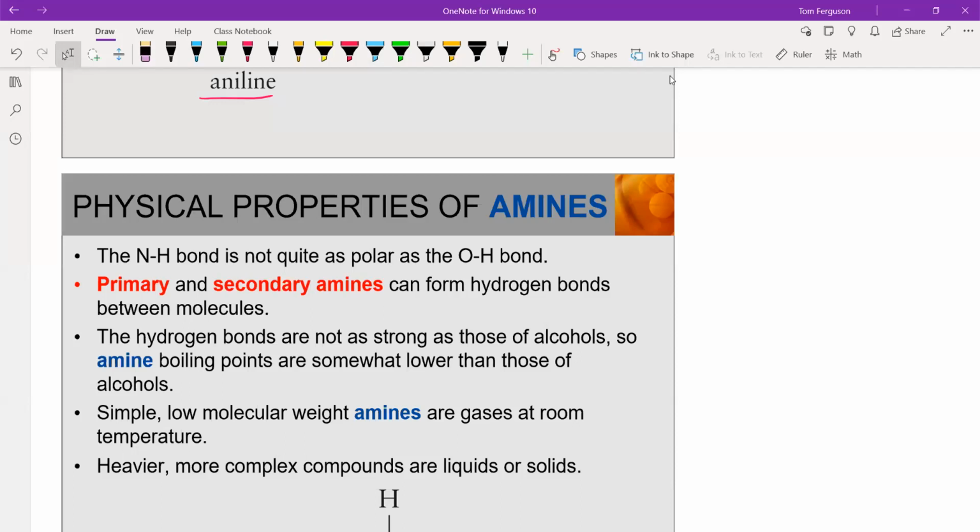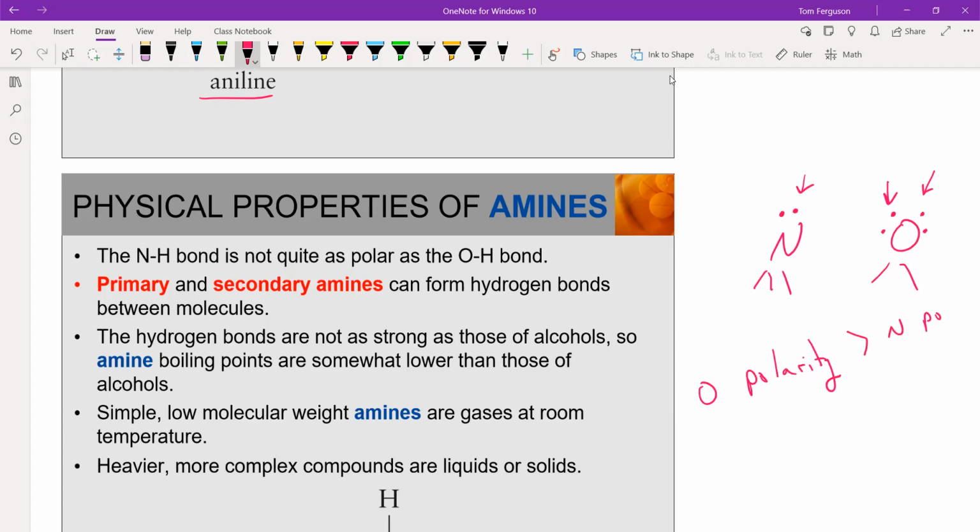As far as intermolecular forces go, because the oxygen has 2 lone pairs instead of just 1, its polarity is, maybe oxygen polarity, because of the 2 lone pairs, makes it more polar than the 1 lone pair on the nitrogen.